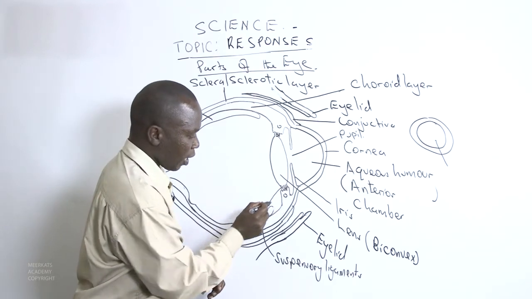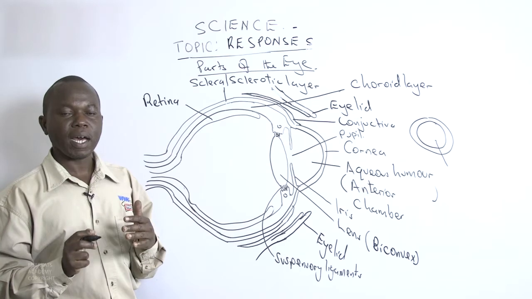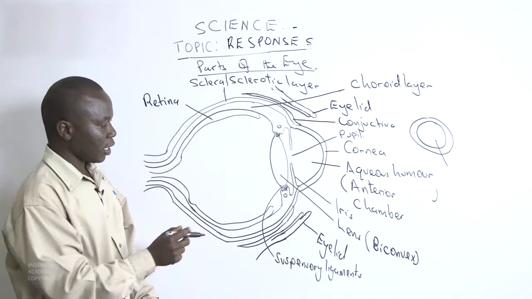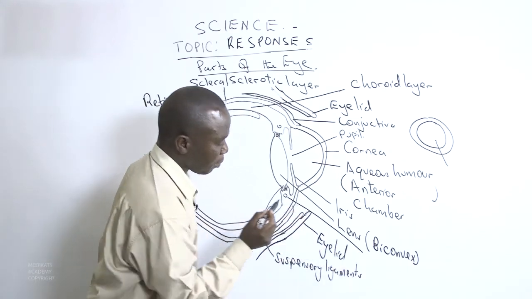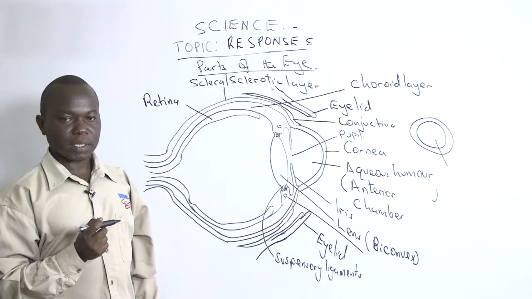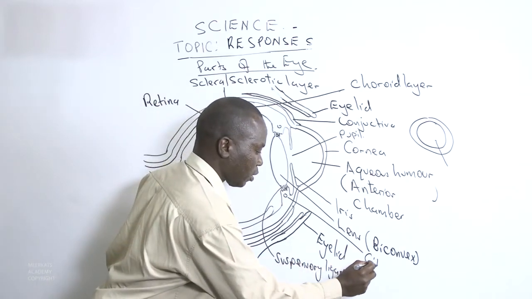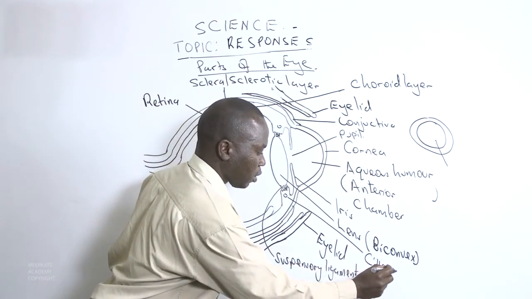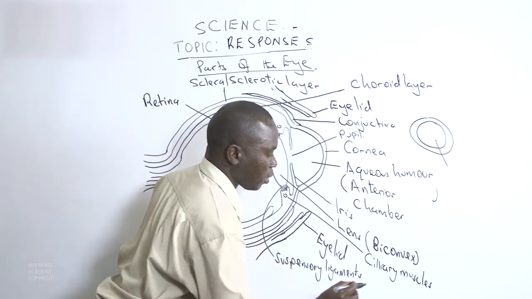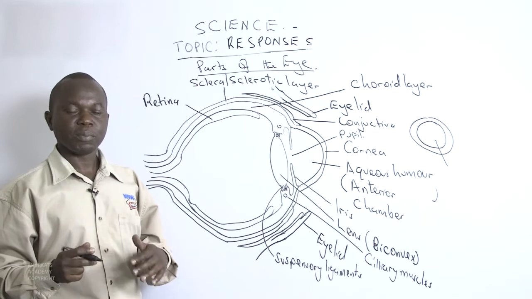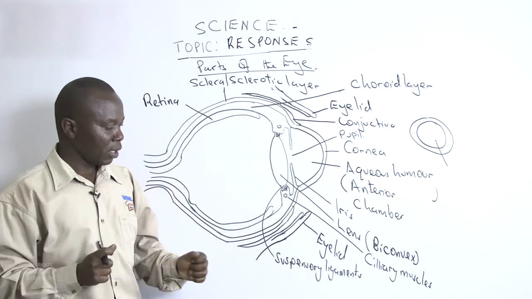But again, we have another part where those suspensory ligaments arise from. That part is called the ciliary muscles. So the ciliary muscles are made up of smooth and circular muscles. They contract and relax.